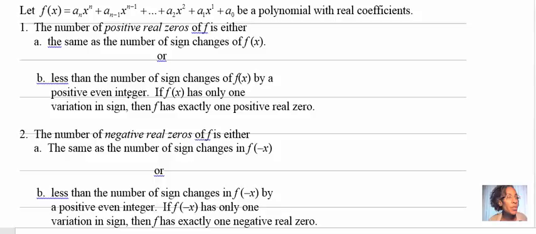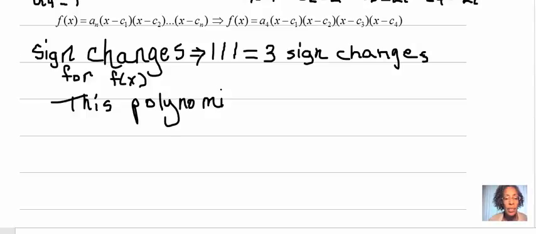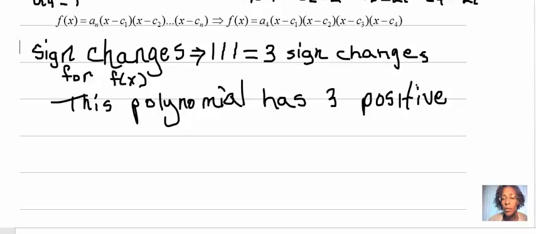So in other words, for this polynomial, the only possibilities are that it has 3 or 1 positive real roots.